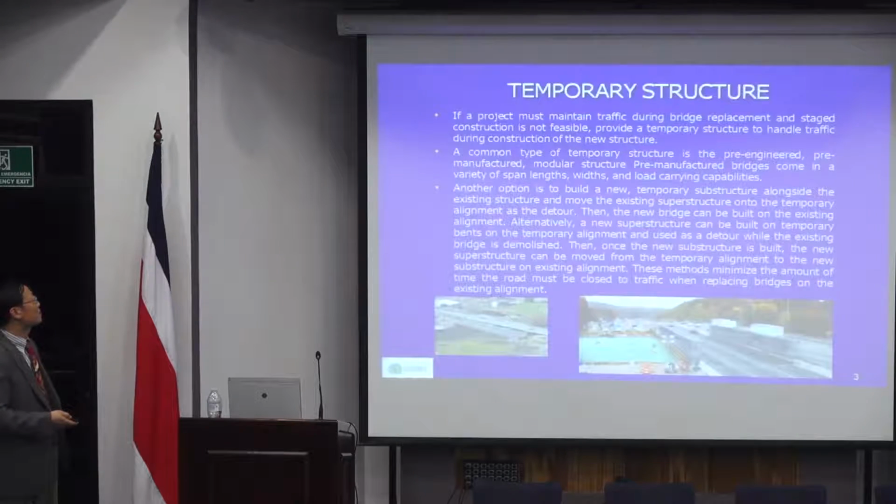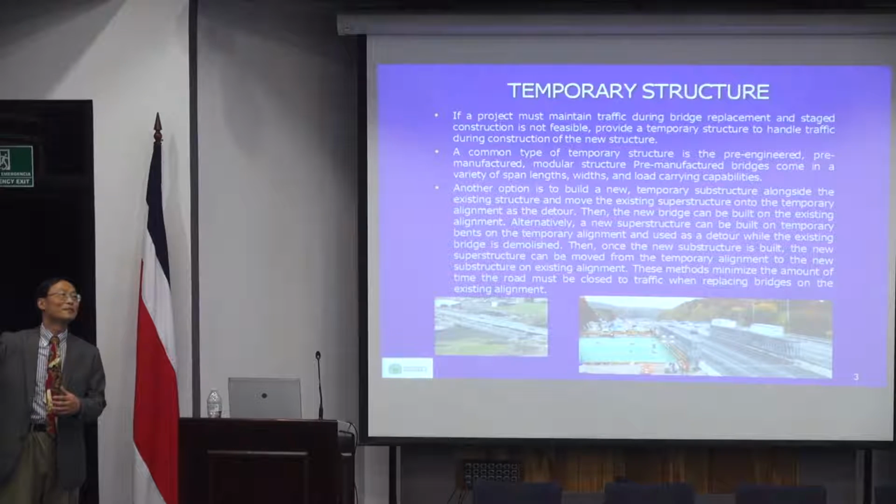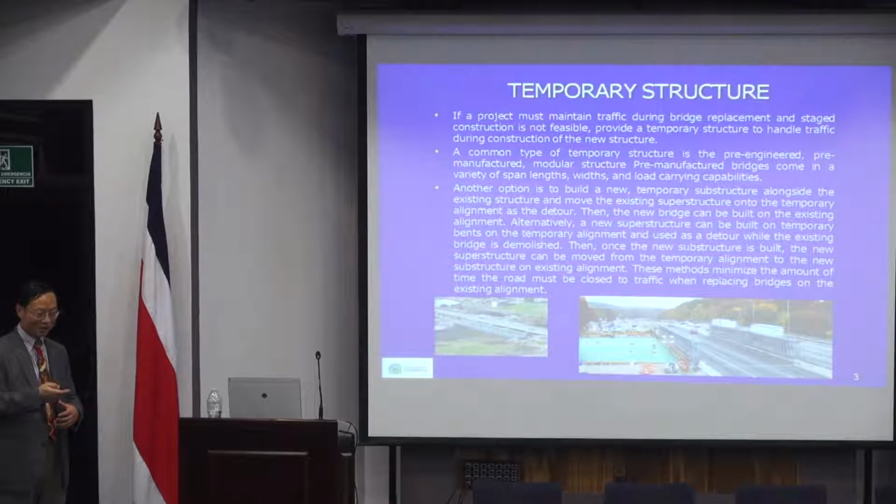And basically, these are some photos I show. If you can build a temporary bridge, a temporary bridge is typically made of a modular truss. They can span different span lengths, so that it can fit.